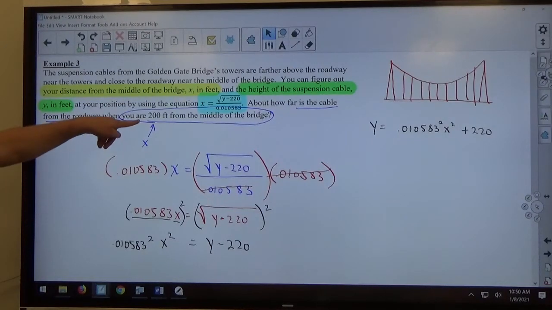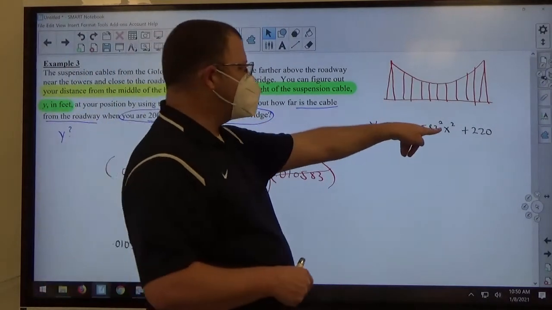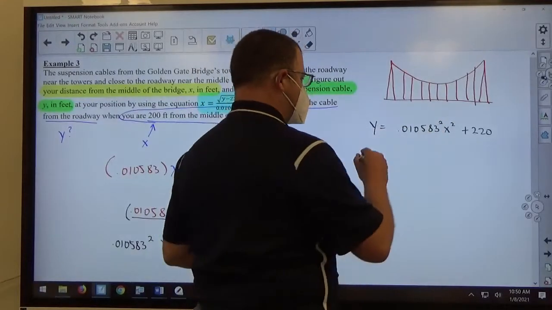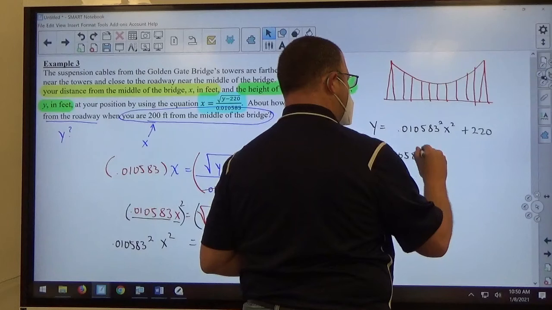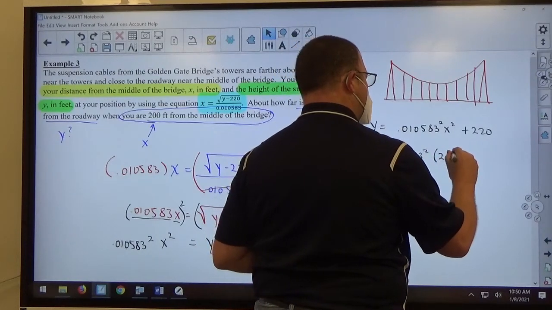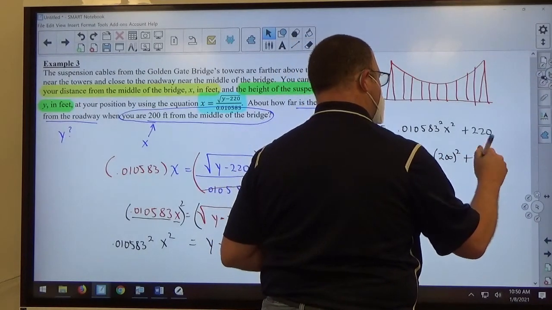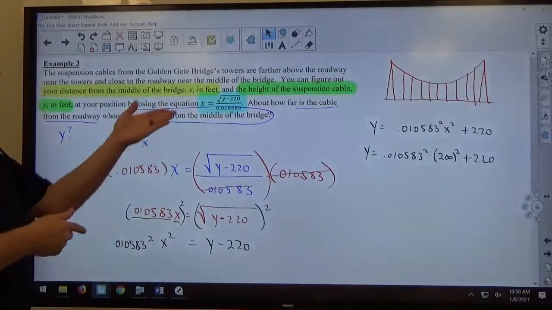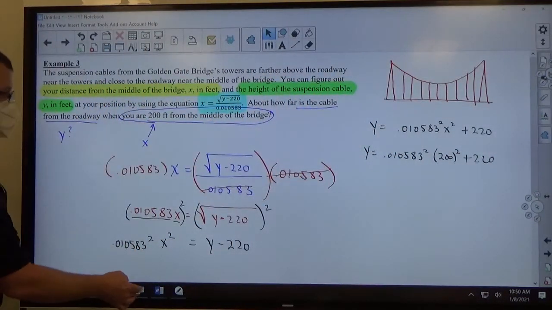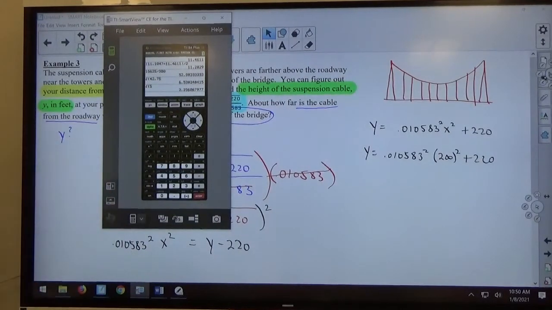Now, x equals 200, so now if I just put 200 right here and work this out, I'm going to get the answer. So y equals 0.010583 squared times 200 squared plus 220. Find y. We know what x is. We put it in there. So get my calculator out. Make it a little bit bigger.